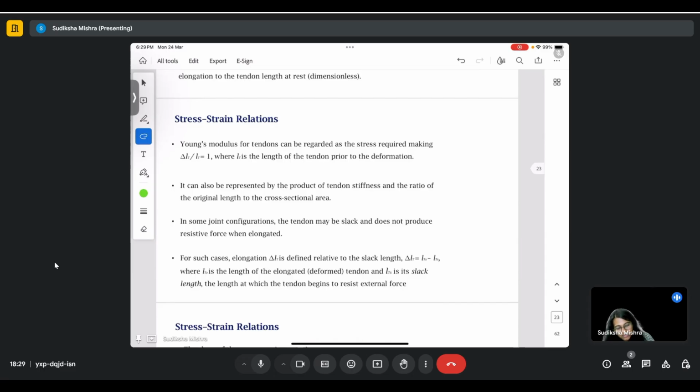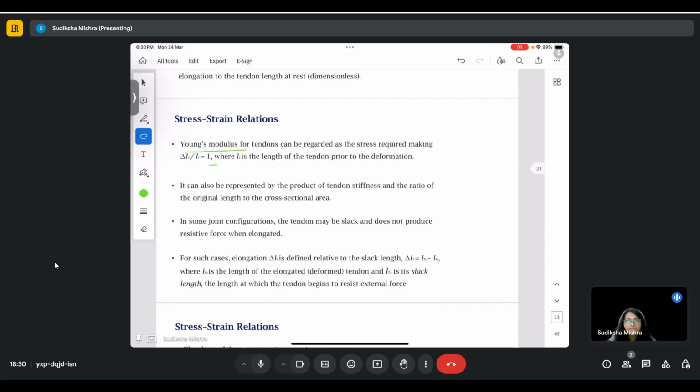Essentially, the Young's modulus for a tendon can be regarded as the stress required to produce a strain of 1, because strain is a dimensionless quantity.